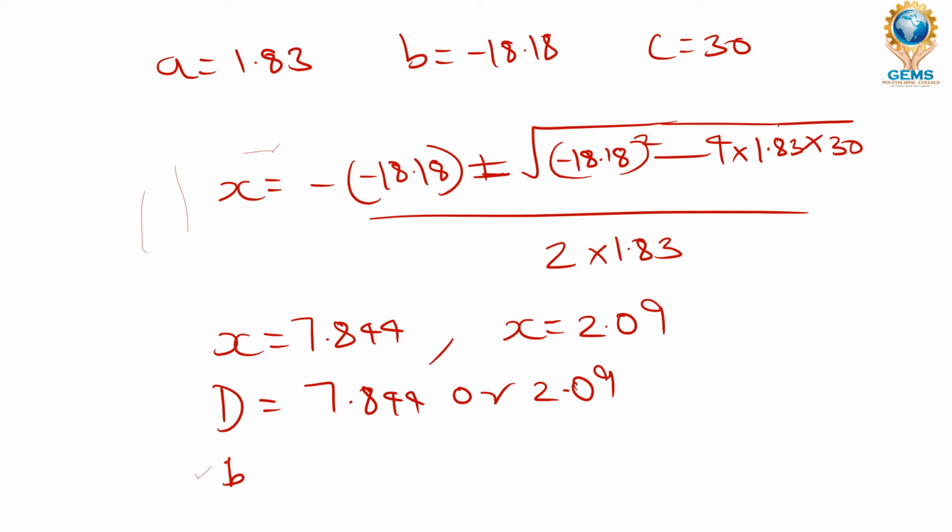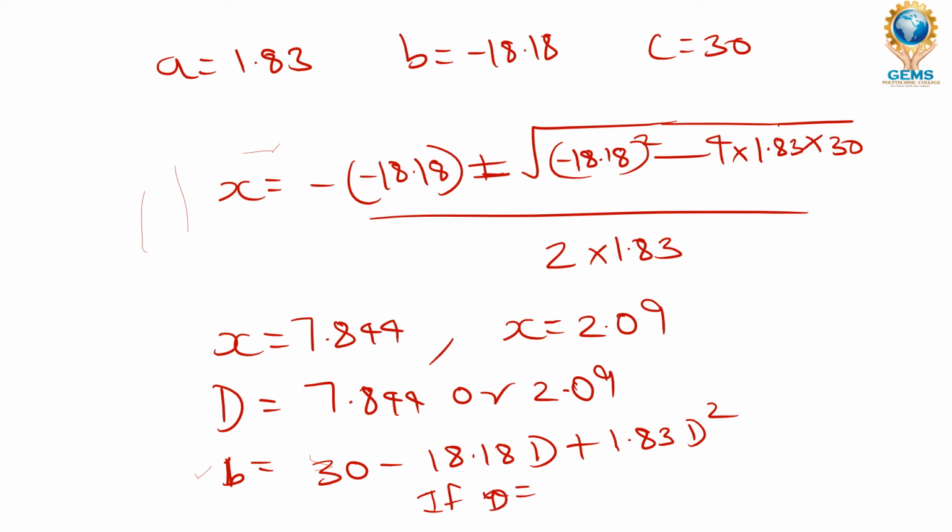In the equation of b, we substitute: b equals 30 minus 18.18 d plus 1.83 d squared. First you substitute one value, that is d equals 7.8444, and you find the b value, and if d is 2.09, you find the corresponding b value for it.